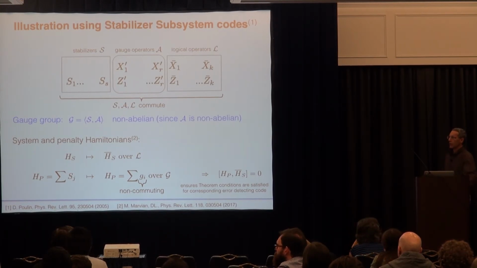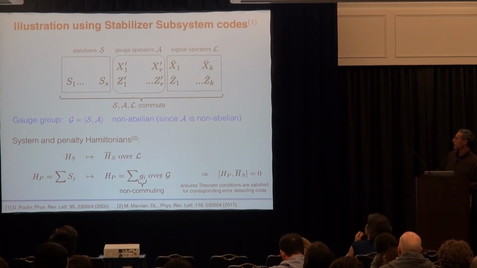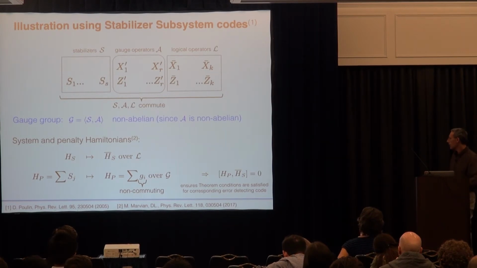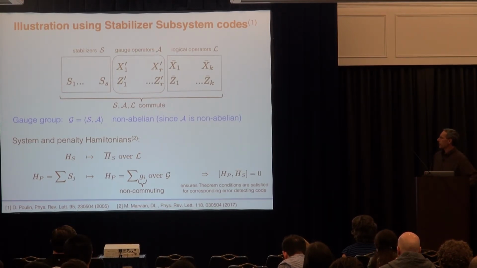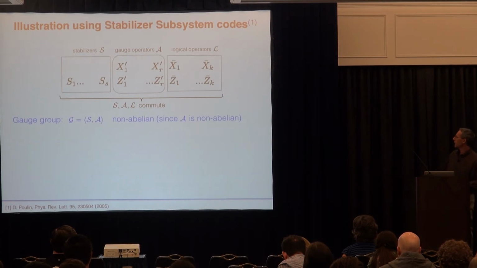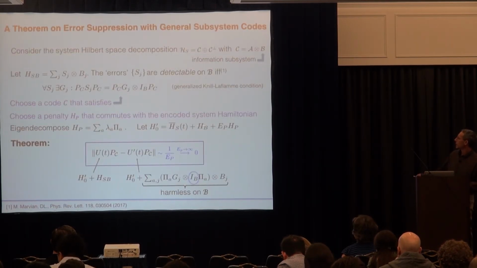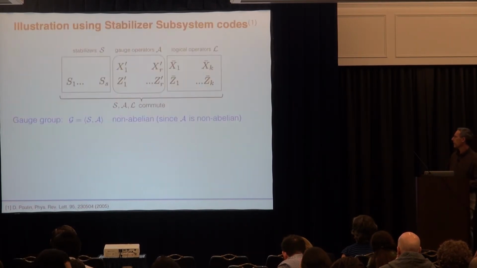The penalty Hamiltonian is not a sum over stabilizers, but rather a sum over gauge group generators, which means that there are non-commuting terms here. But because of the structure of stabilizer subsystem codes, we know that the penalty Hamiltonian commutes with the encoded system Hamiltonian, so that condition in the theorem that they have to commute is automatically satisfied.